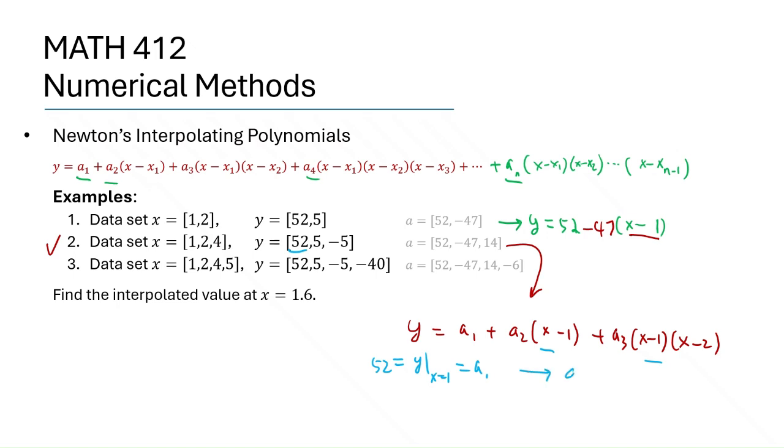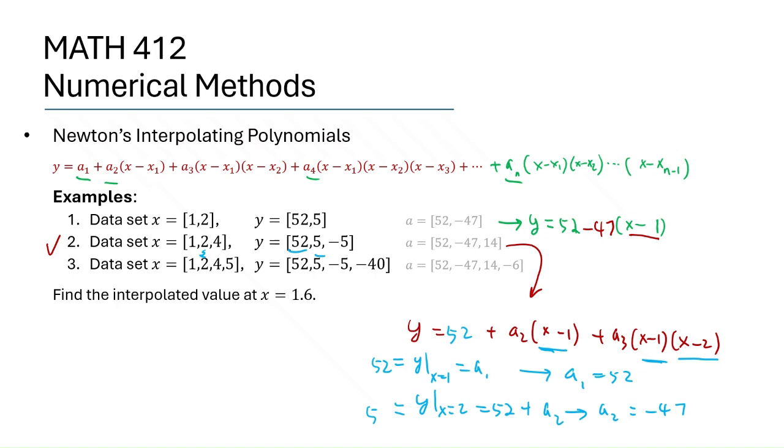So a1 is 52, no problem. Now evaluate y at x is x2, that's 2. We know y is 5. So 5 equals 52 plus a2 times 2 minus 1, and the last term has 2 minus 2, so it's just this. So a2 is negative 47.